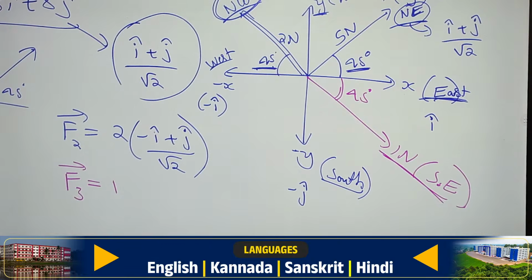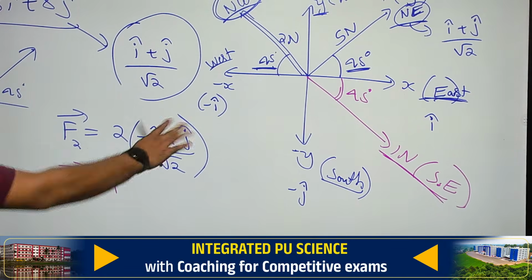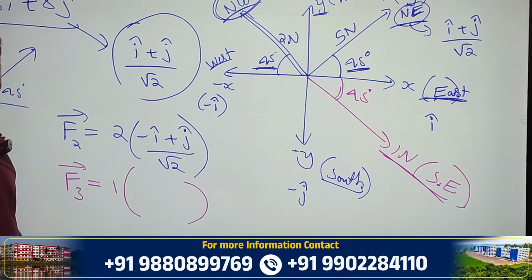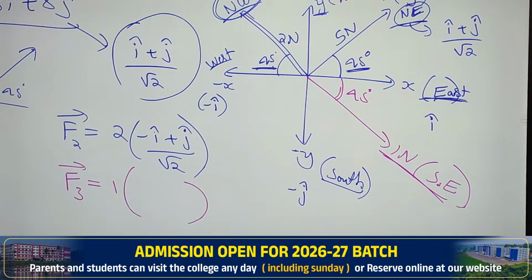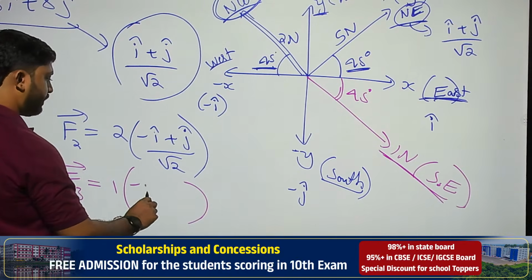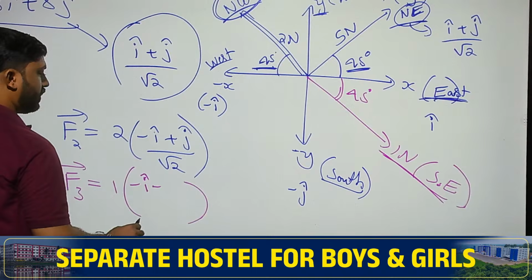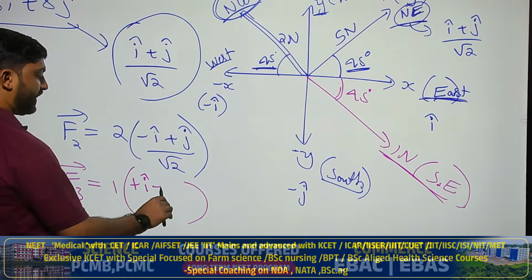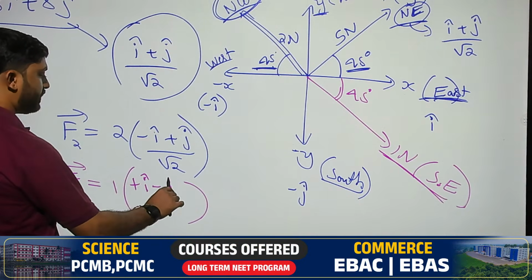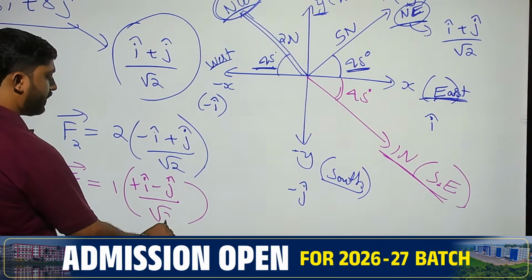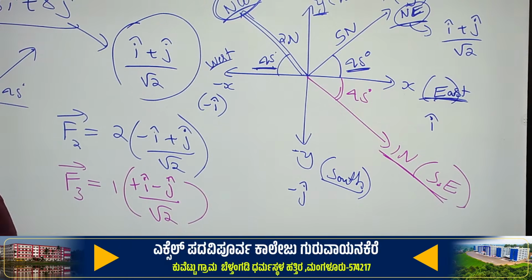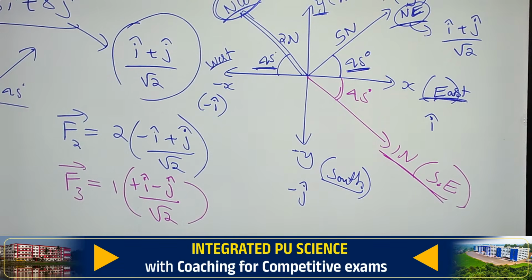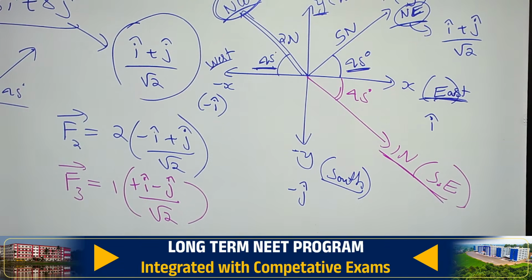What is the unit vector? 1 Newton is the magnitude, in the southeast direction. So the southeast direction has a unit vector in terms of i and j. In the fourth quadrant, x is positive, y is negative: i cap minus j cap divided by root 2, right?